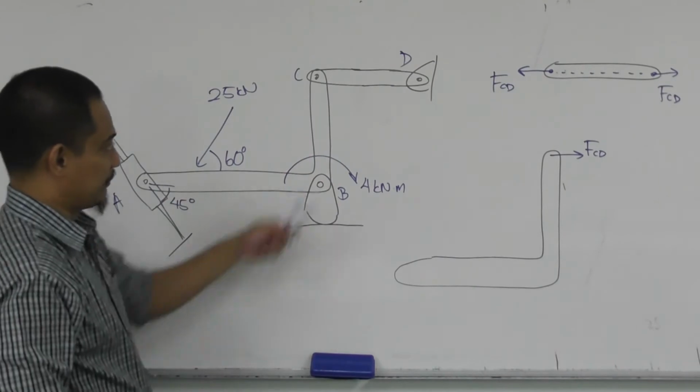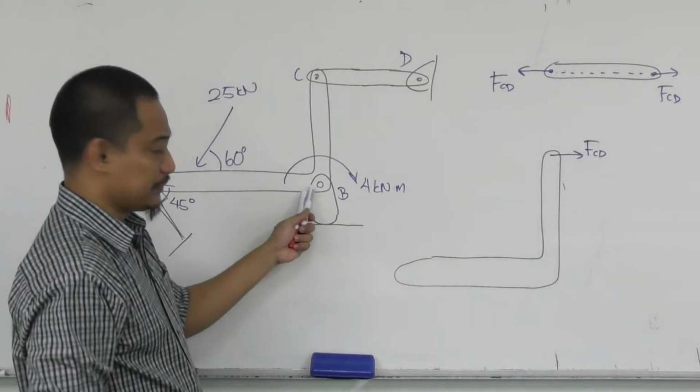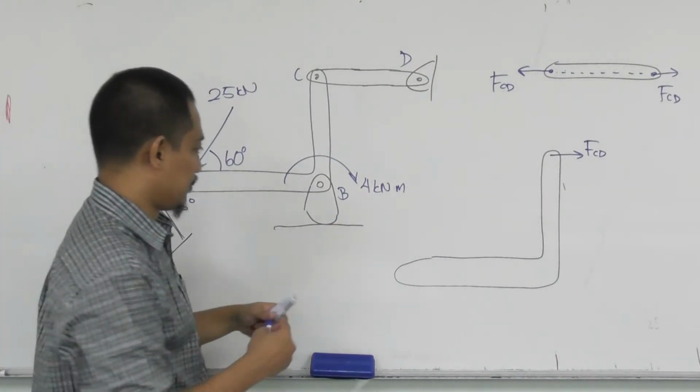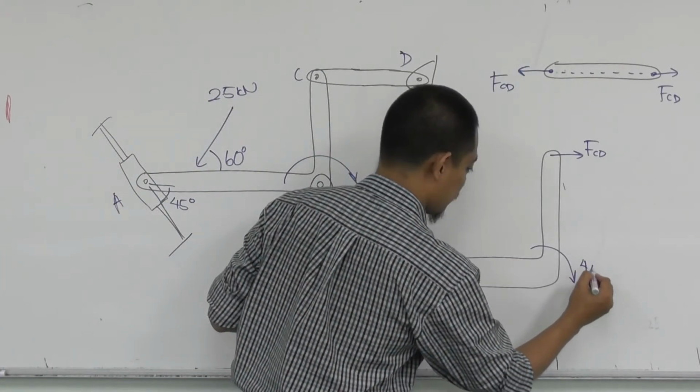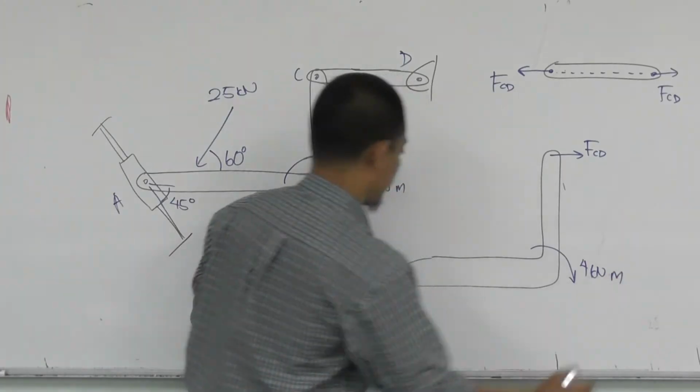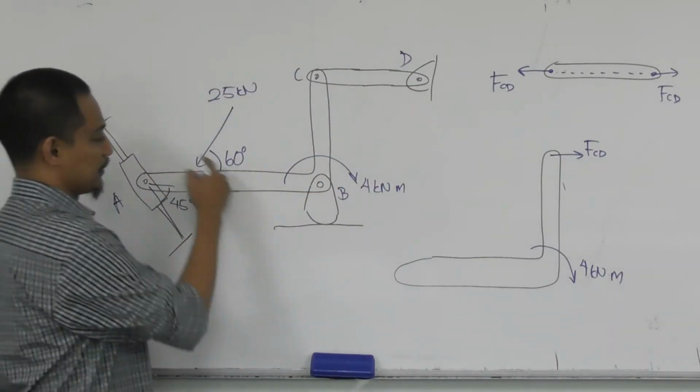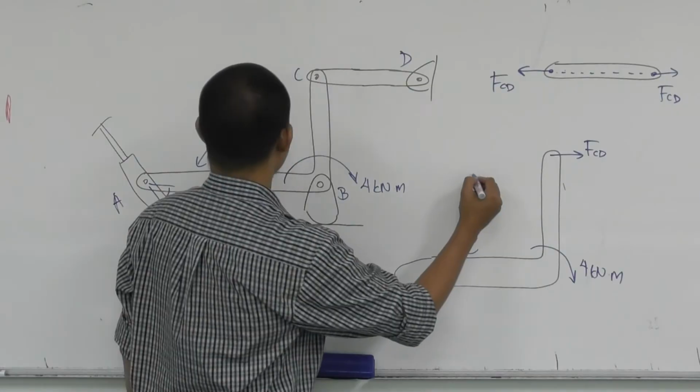So we have discussed it here. What about here? Of course, whatever moment you have been given, you just draw it, just like this force. Originally you got it already, so you just draw.